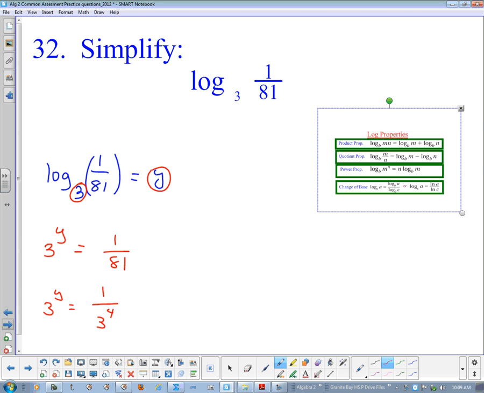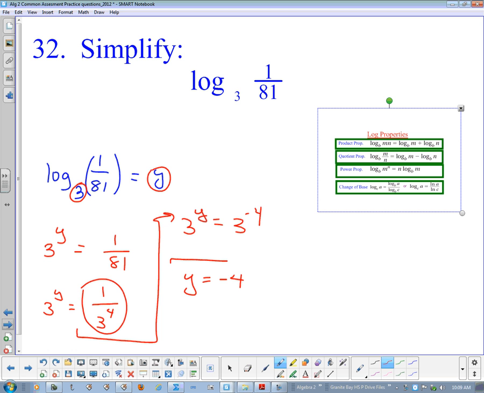How can I write this side without a fraction? 3 raised to the negative 4th. Nice job, yes. So I've got on the left side 3 to the y is equal to 3 to the negative 4th. Guess what y is equal to now? y is equal to negative 4. I know this is fast, folks, but again, you can keep on replaying this.